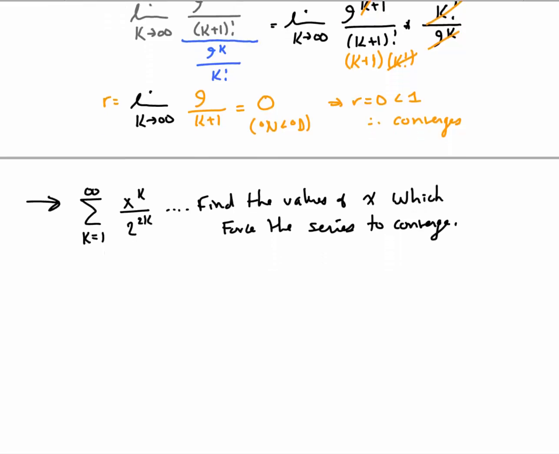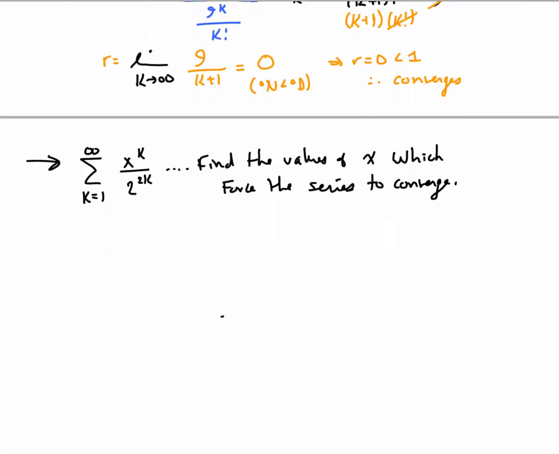Okay, so in this particular case, it looks like we could just run through the ratio test, and then at the end we'll force it to converge.